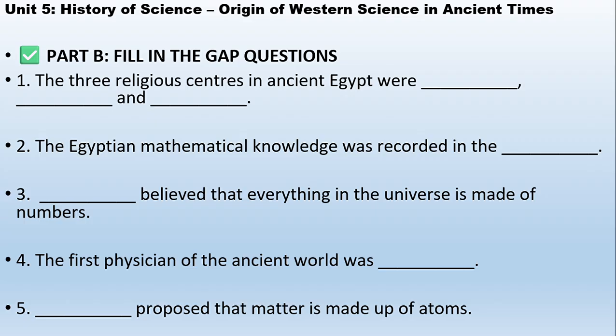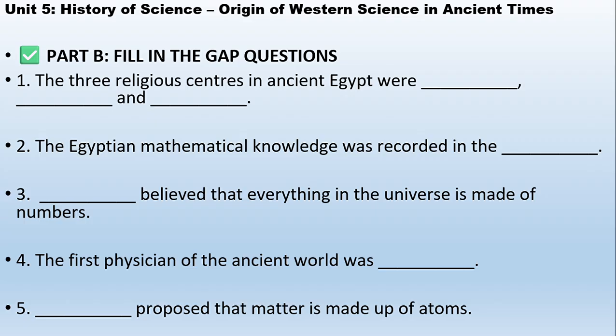Then for the second question, the Egyptian mathematical knowledge was recorded in the dash. There was someone that asked me about that name. Yes, Rhind.